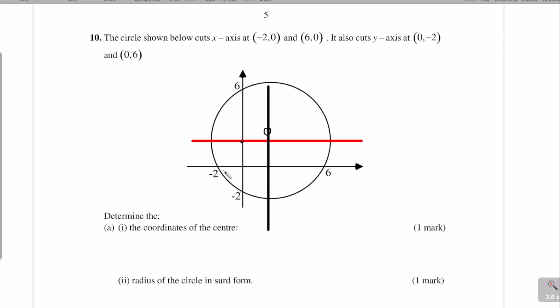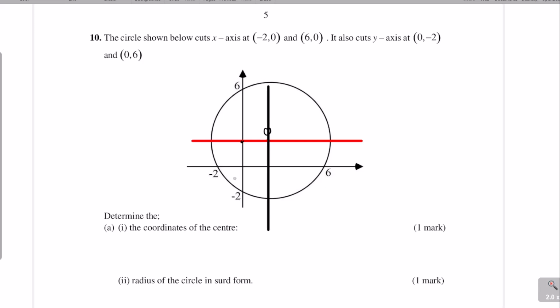I repeat, the x-coordinate of the midpoint of this chord will be the x-coordinate of the center of the circle. So we need to get the coordinates of this midpoint of this chord. Then for the other chord here, we also need to get the midpoint.